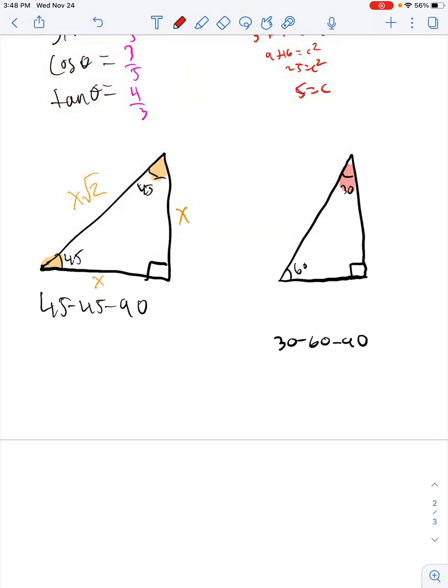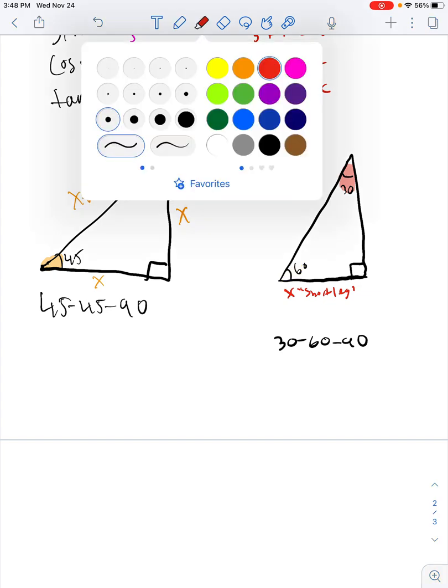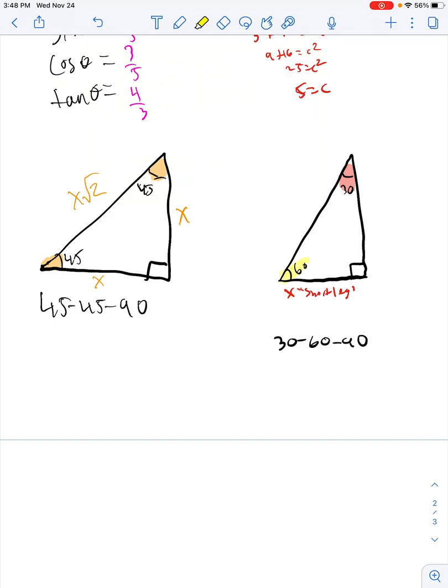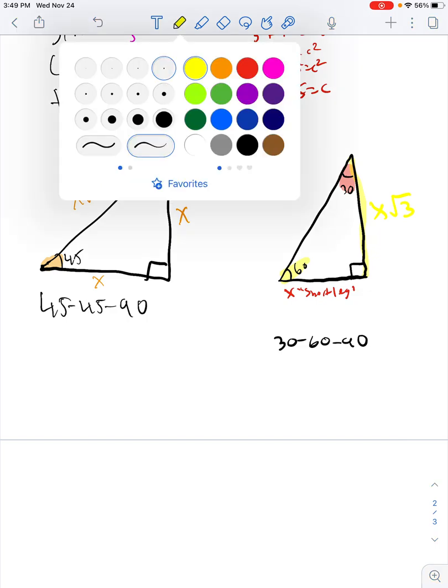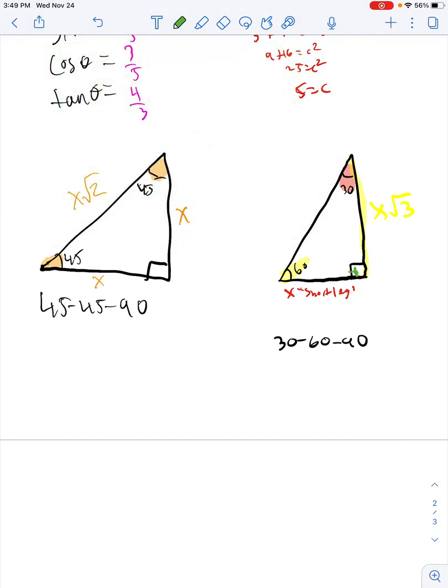We're going to call the short leg x. Then the long leg is across from the 60. To get this, we go x multiplied by the square root of 3. So if the short leg is x, the long leg is x times the square root of 3.